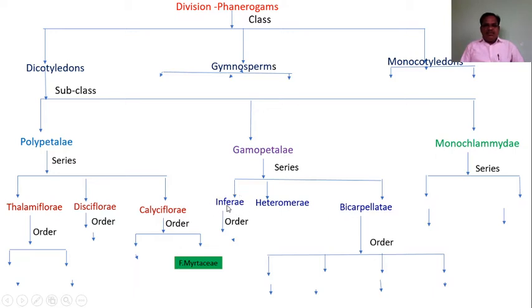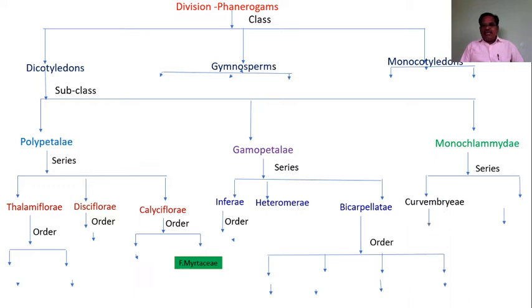In this one, the ovary is inferior. The character of this one is that the ovary is inferior. Then in Heteromerae the ovary is superior. Then Bicarpellatae. What is the meaning of this? The ovary is bicarpellary. That is, when we take the TS of the ovary, it is bicarpellary.